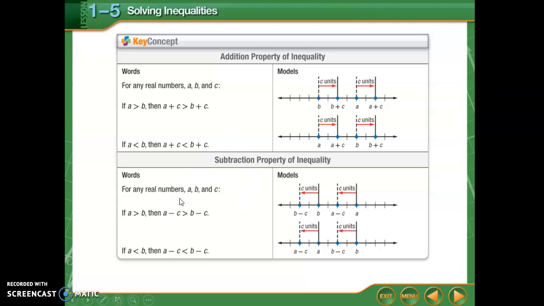Subtraction, for any real numbers a, b, and c: if a is greater than b, then a minus c is greater than b minus c. The same thing if a is less than b. So if you subtract c from a, it will be less than b minus c.